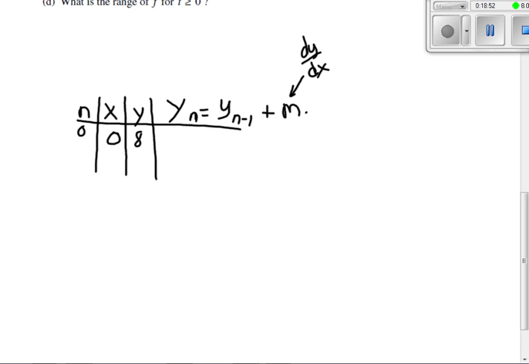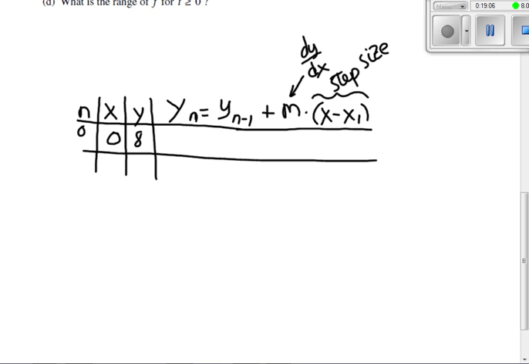This would be x minus x1, and that's the step size. So do you see the tangent line there? You can remember how it works. You don't have to have a chart. I would look for the answers, not the work.